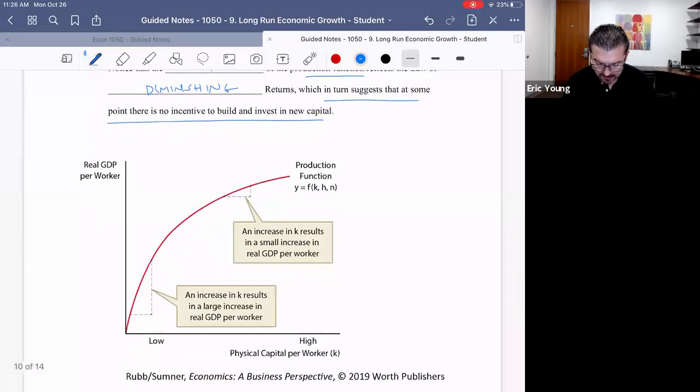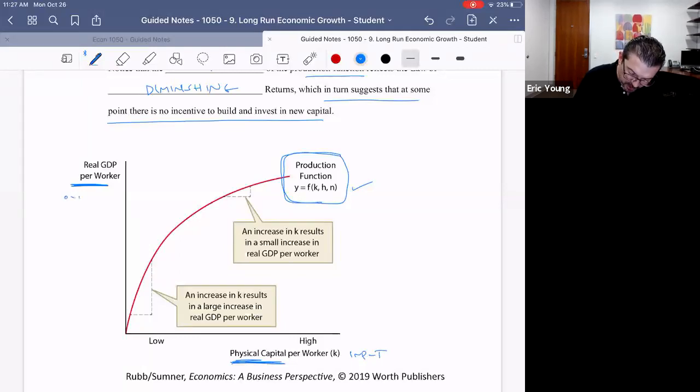You see again that in this production function, which is characterized by the Y is a function of K, H, and N formula, which you see right here, we have real GDP per worker and physical capital per worker. Physical capital is the input. Real GDP per worker is the output.